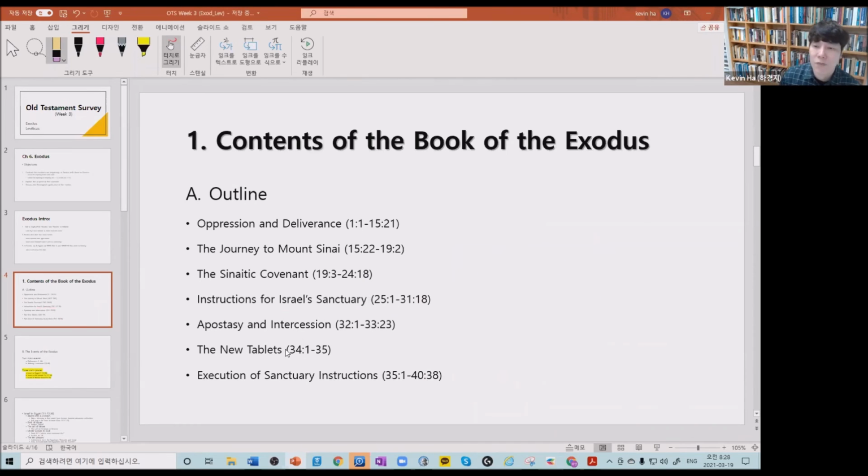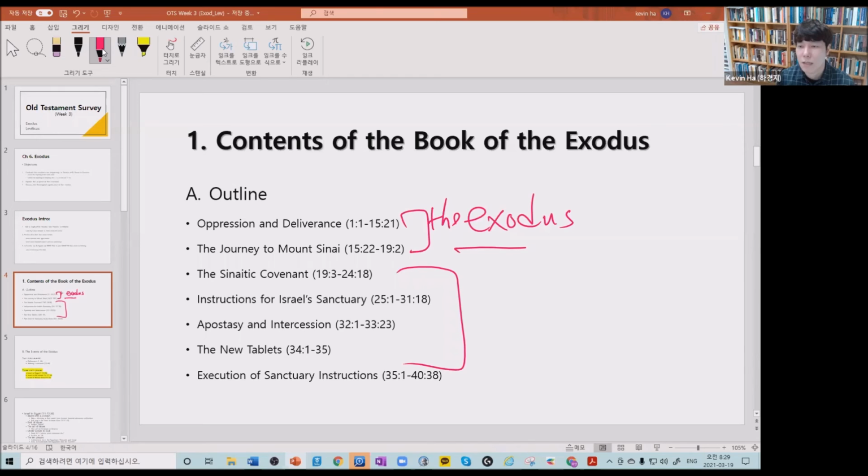This is a brief outline, but it's too complicated. If this is too complicated, you can make two parts. One part is like here and here, right? This is the Exodus.